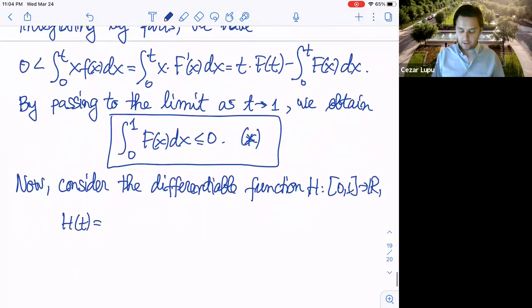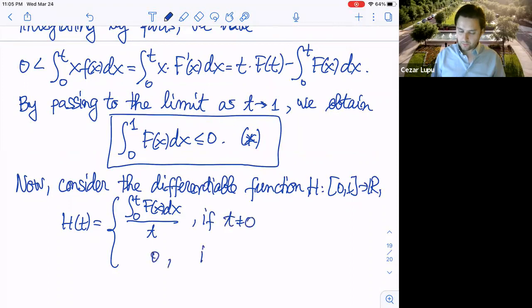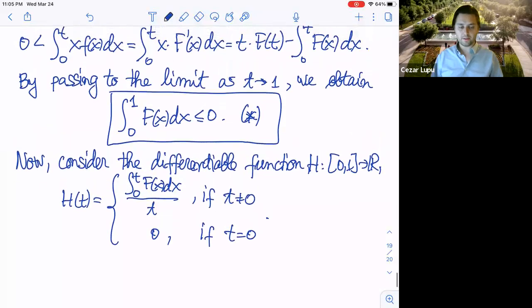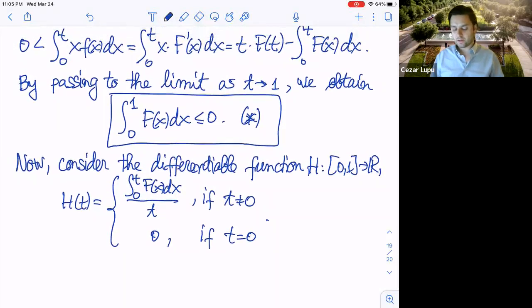H of t is the integral from 0 to t of f of x dx over t if t is different than 0, and 0 if t is 0. All right, so this is the piecewise function. It's clearly differentiable, it's continuous, so I don't have any problems.